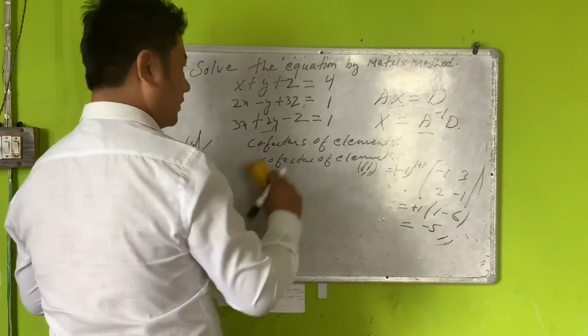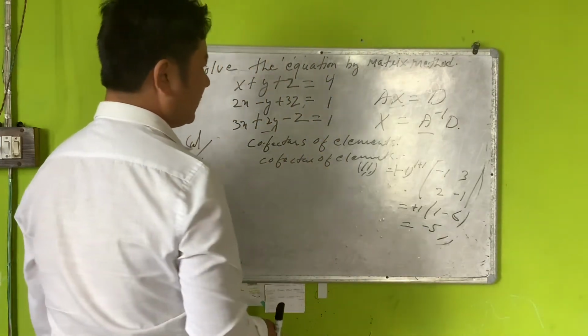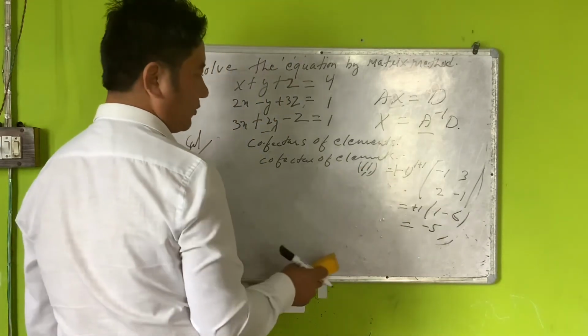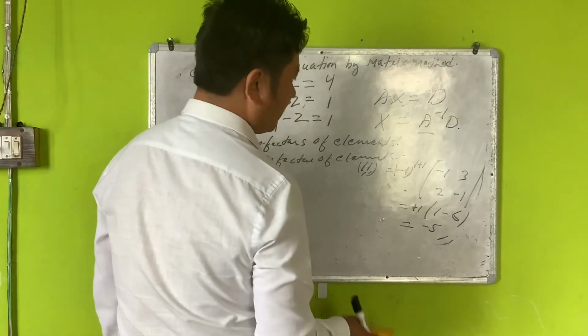So likewise you have to find the cofactors of all the elements. You know how to find them. I will just write down the cofactors from the book. You have to find them by yourself now.